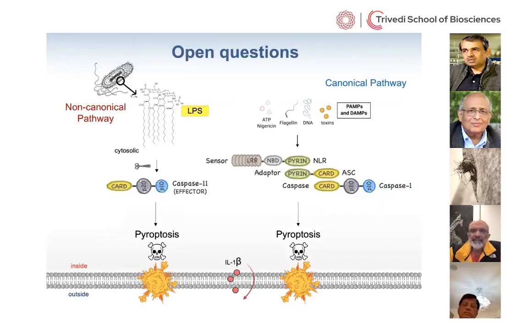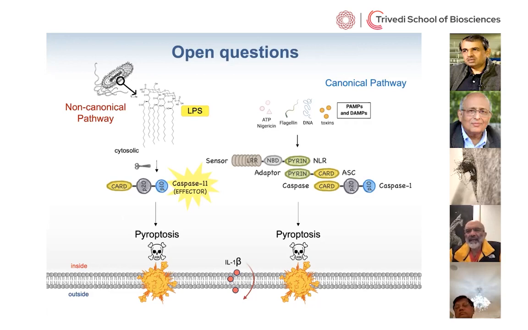But this still left us with a few questions, which is that whether we talked about the canonical pathway that was dependent on caspase 1, or the non-canonical pathway that was dependent on caspase 11, at the end of the day, you still had to breach the cell membrane to allow for the exit of IL-1 beta and other pro-inflammatory mediators.